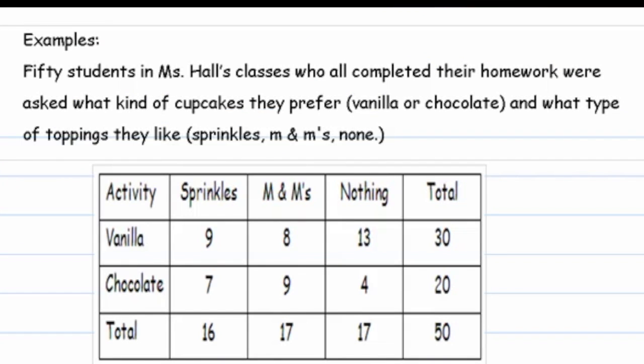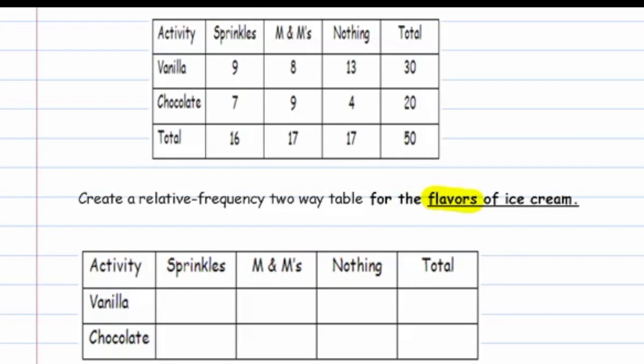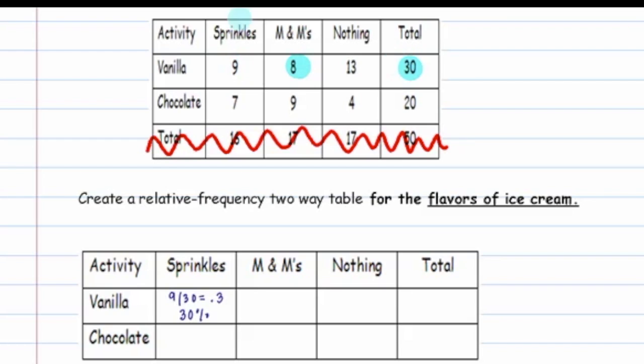50 students in my class made choices of what type of toppings they would like on their ice cream and what flavors of ice cream. Notice I have automatically crossed off the total in the frequency table, and I am just using the totals of the choice of ice cream, vanilla or chocolate. In the first row, I'm dividing every number by 30.